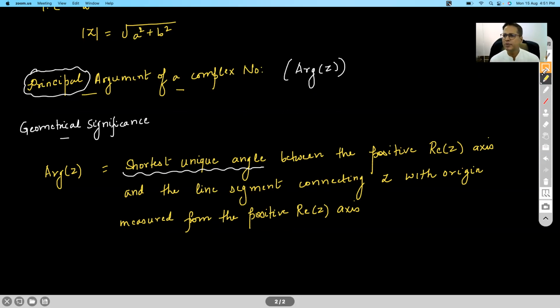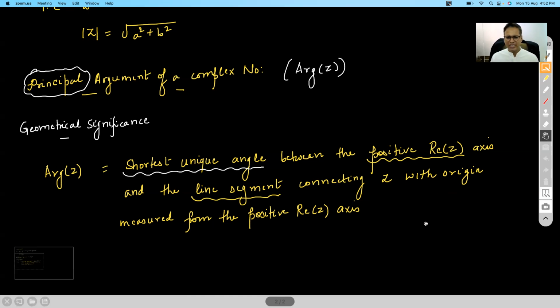So principal can only be one. You cannot have multiple principals. So that is why it's a unique angle. It's the shortest unique angle between the positive real z axis and the line segment connecting z with origin. And note that this measurement has to start from the positive real z axis.